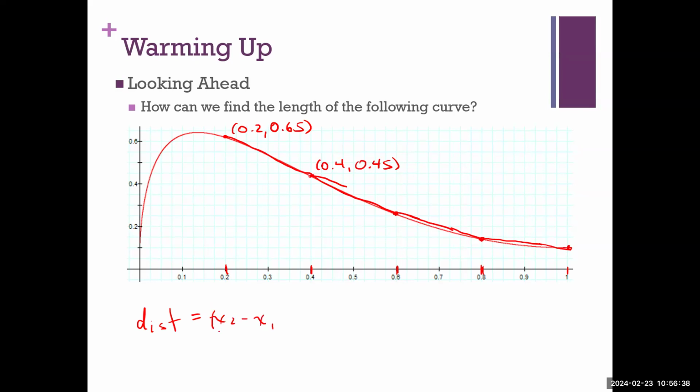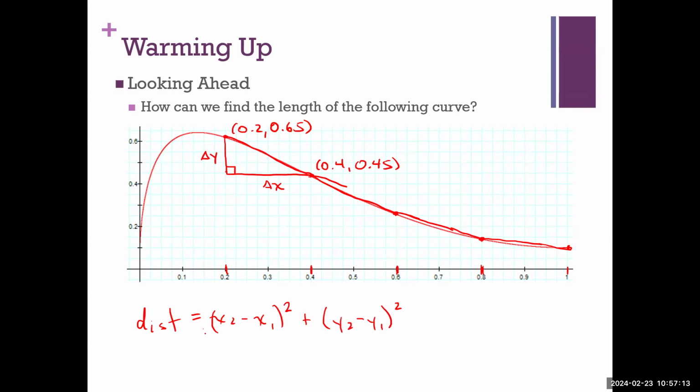Pythagorean theorem. Okay, so you're setting up the Pythagorean theorem, which is really all about what kind of shapes? Right triangles. That's essentially what you're setting up here. I have a change in y, and a change in x, which you're calling x2 minus x1. If I square that, then I also square the change in y, y2 minus y1 squared.